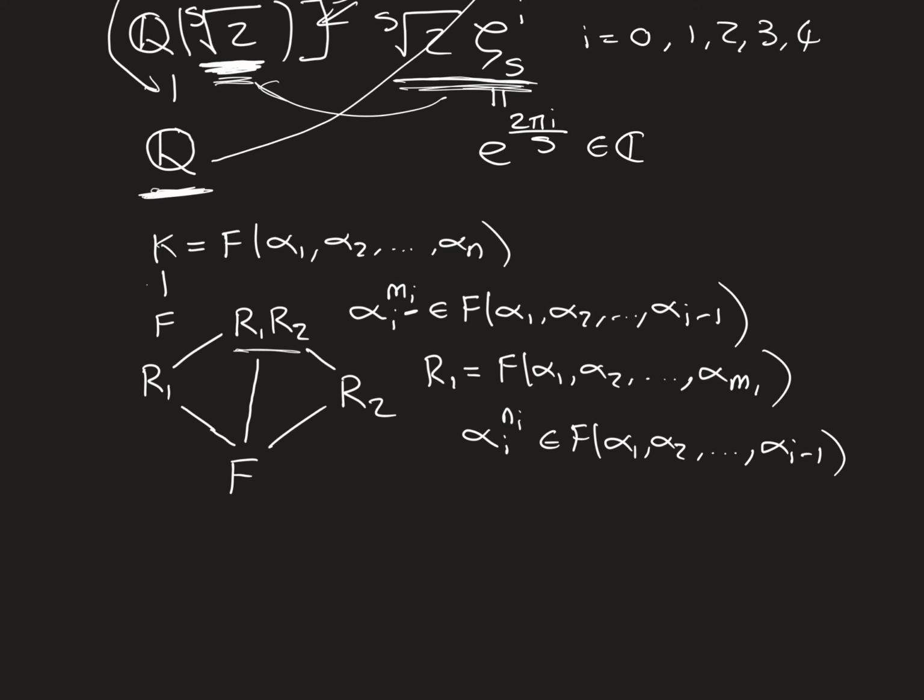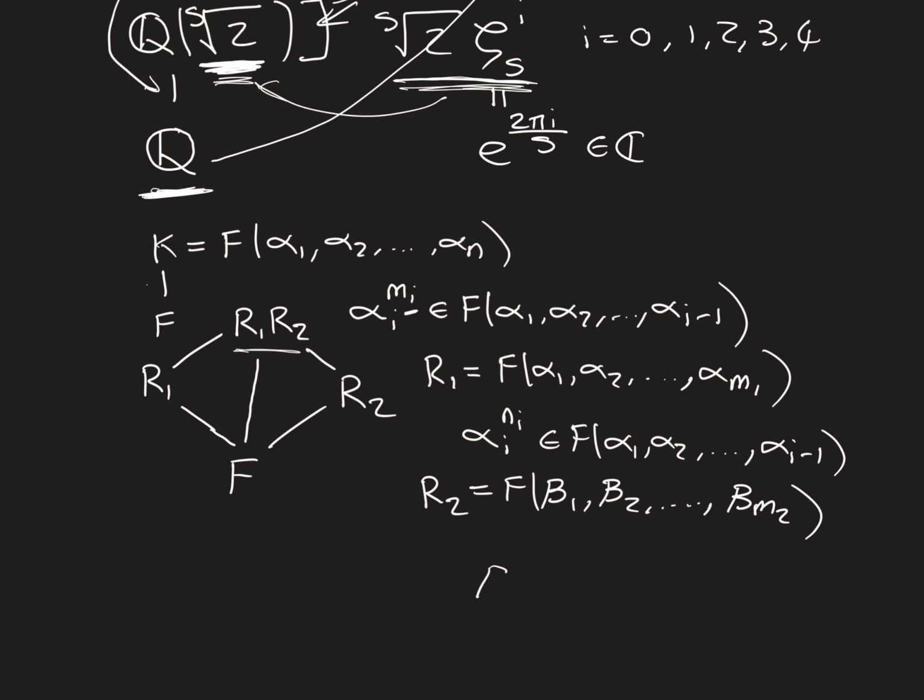So I've just repeated what I've said above about the definition of a radical extension. Similarly, R2 is a radical extension, so I can also write this down for R2. So it will be F adjoin, let's say, beta 1, beta 2, all the way up to beta m2.